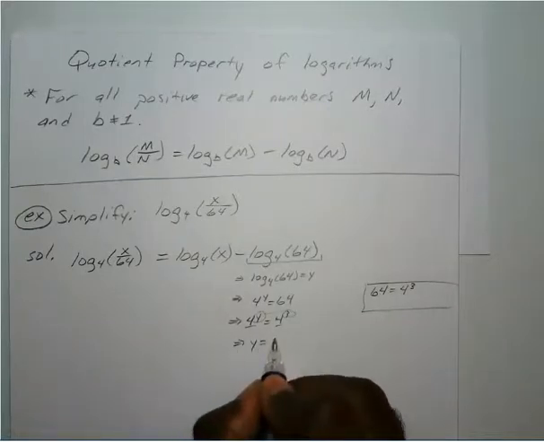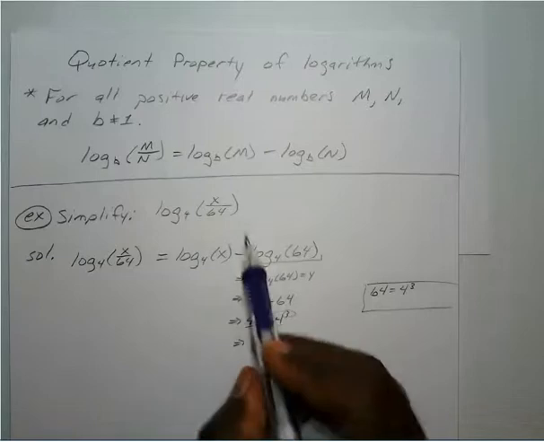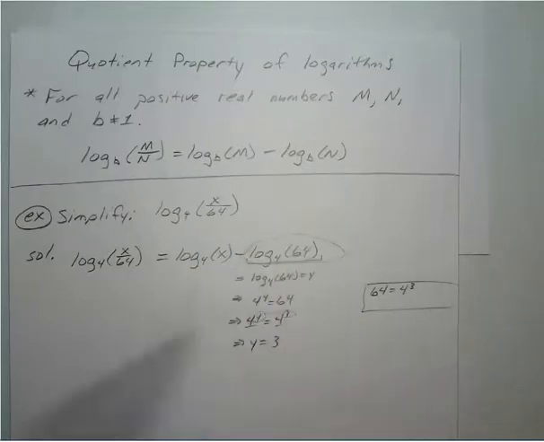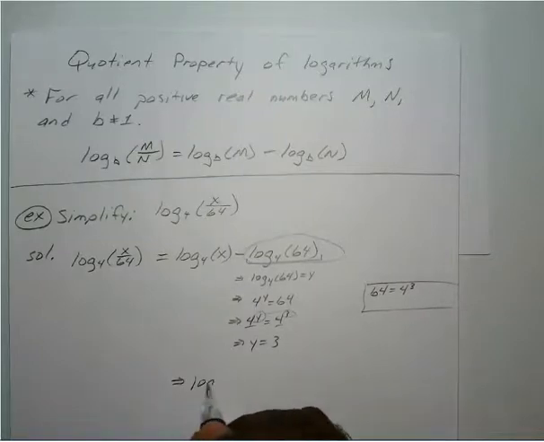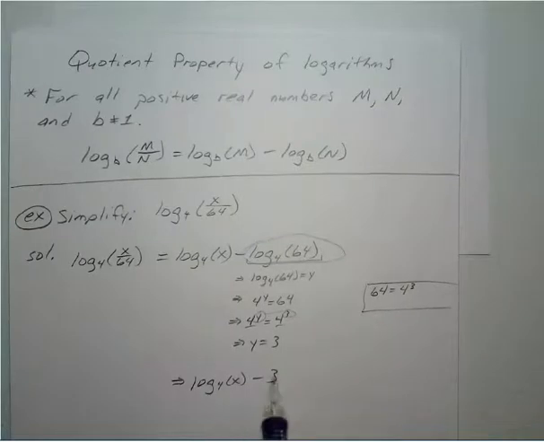So y equals 3. This entire term is equal to 3. That gives us a final answer of log base 4 of x minus 3, and that's your simplified answer.